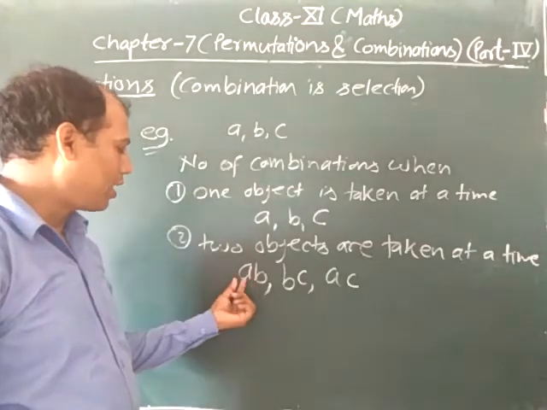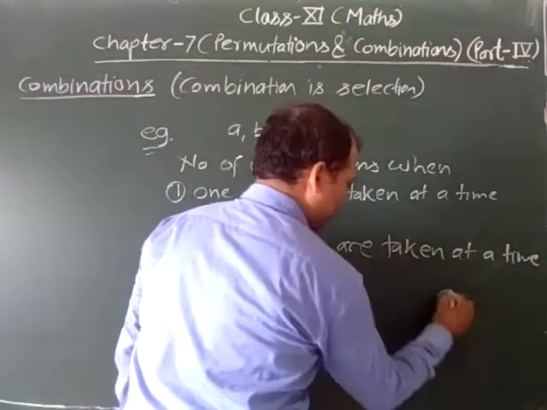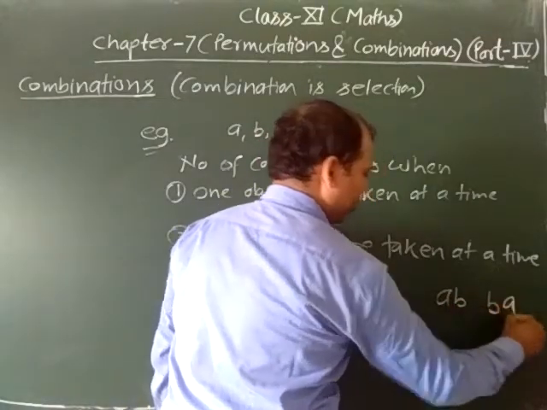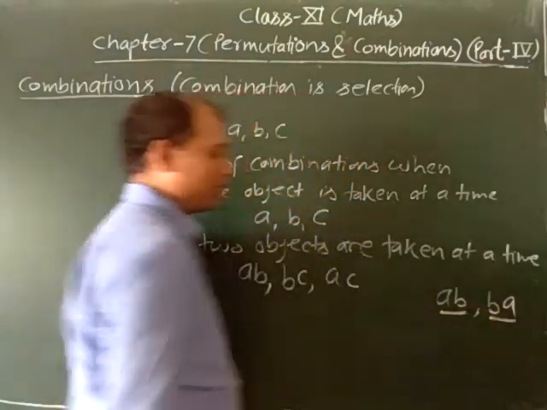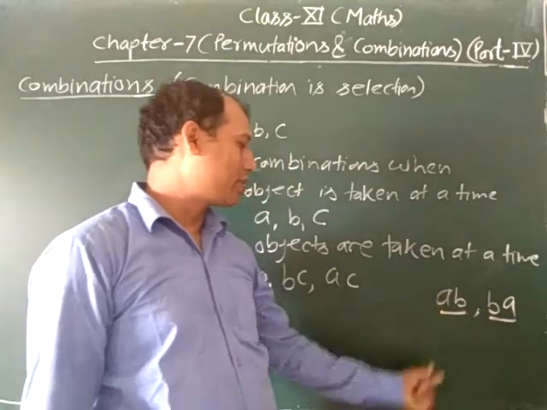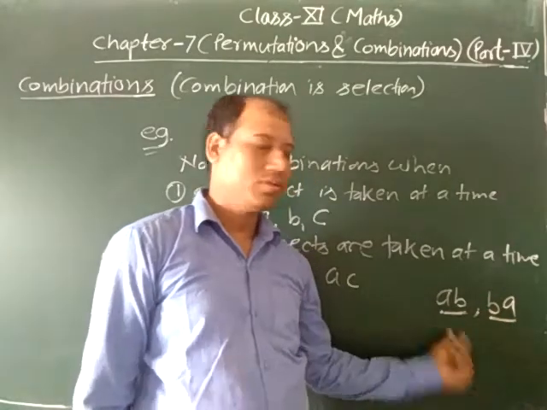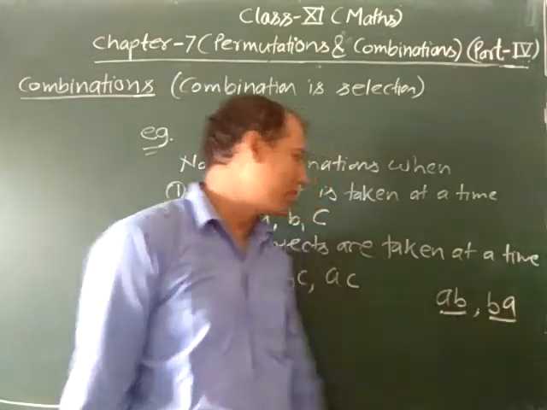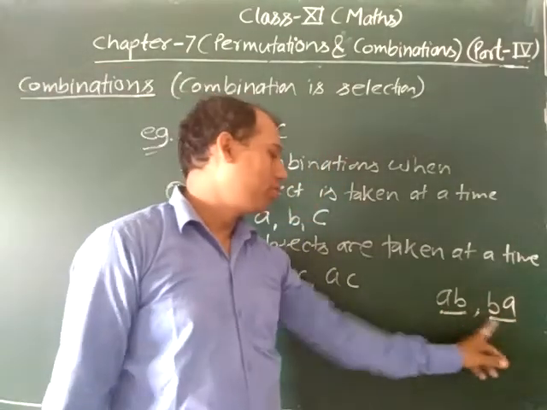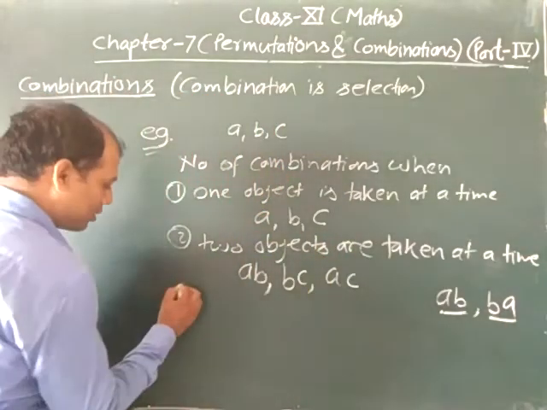We can also write AB as BA, but AB and BA are different arrangements, while the selection is the same because in the selection A and B are included in both. These two selections are the same, so we write it at once.